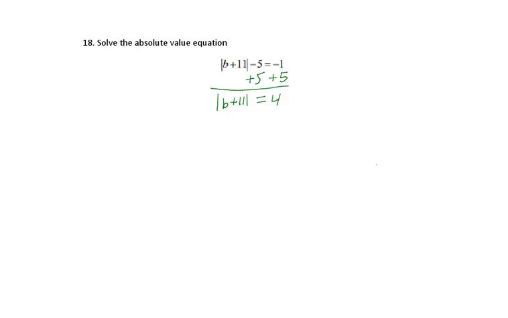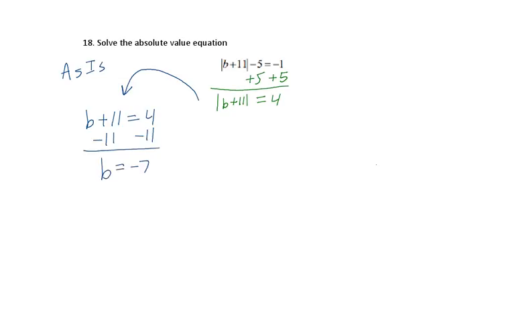When you get this far, what I'd like to do is split it into 2 equations. The first equation is something I call as is, which is just b plus 11 equals 4, as if the absolute values were never there. Well, from here, subtract 11, so b equals negative 7. That's your first answer.